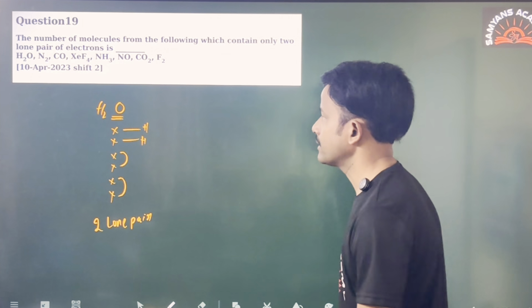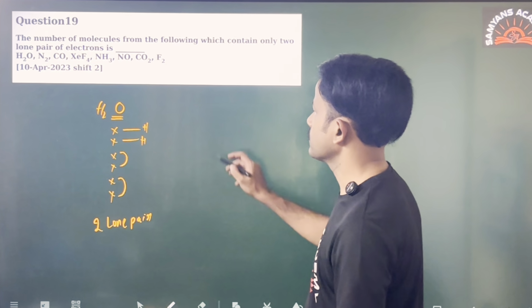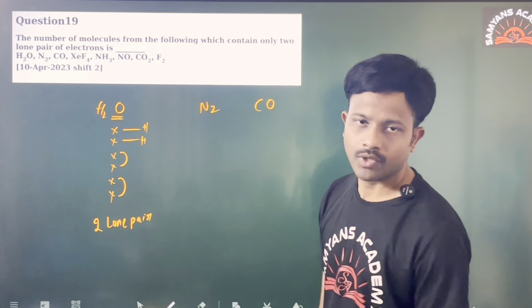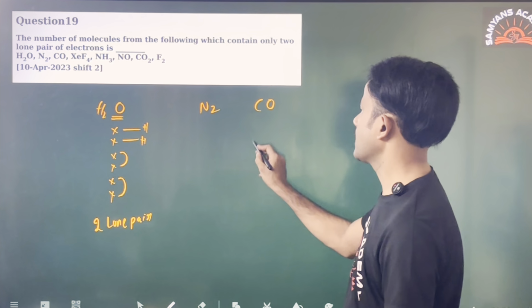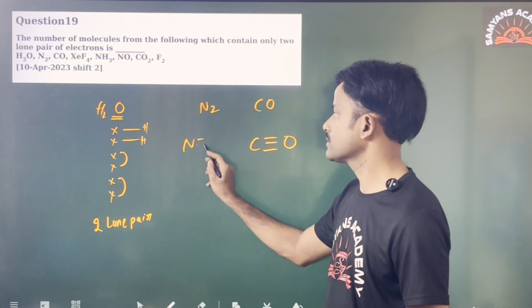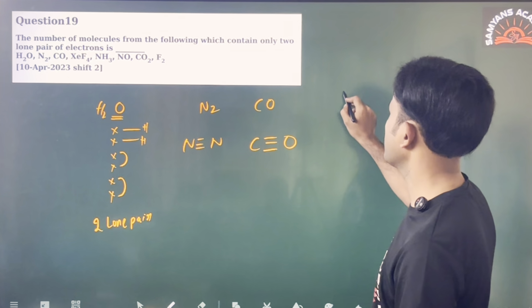Next to nitrogen, carbon monoxide, xenon tetrafluoride. Nitrogen I will tell later. Now we talk about carbon monoxide. Carbon is bonded with a triple bond to oxygen. Nitrogen also has a triple bond. And next is xenon tetrafluoride.